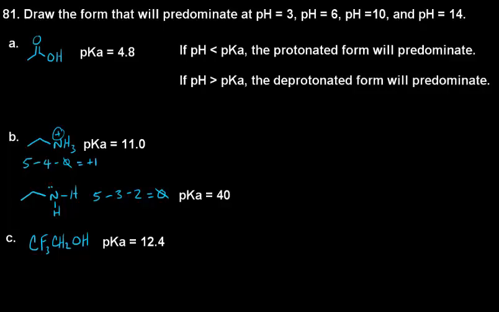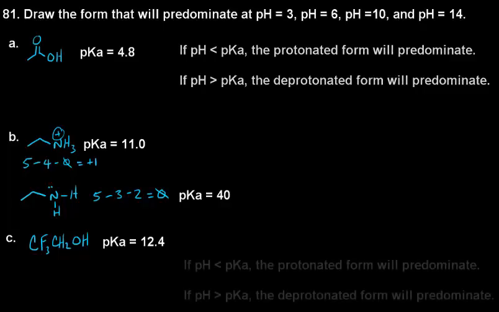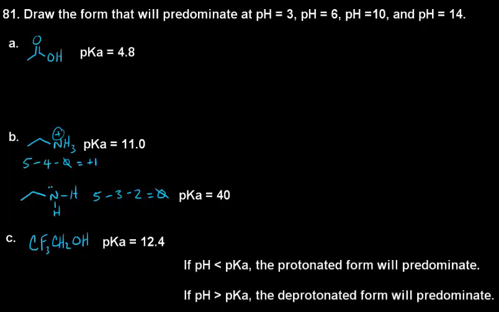Okay, so in this case, the pH of 3 is less than the pKa. So in the first scenario, the protonated form is going to exist. At pH 3, this carboxylic acid is going to be protonated according to our rules, so it's going to look like this at pH 3.